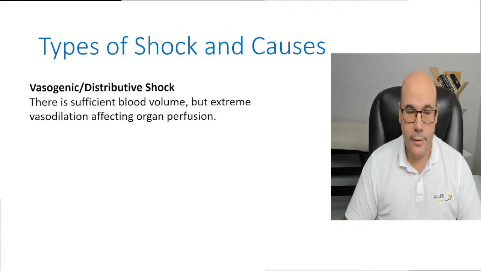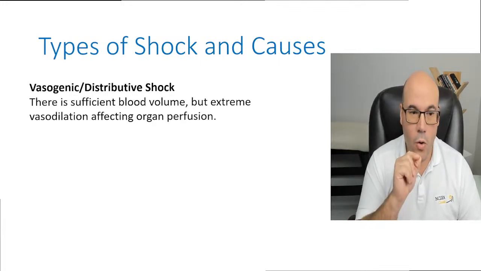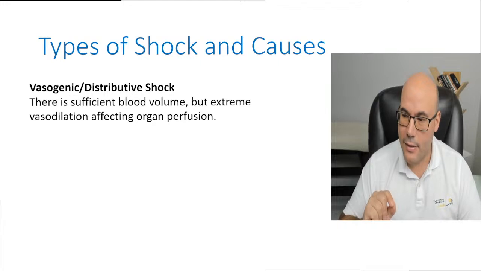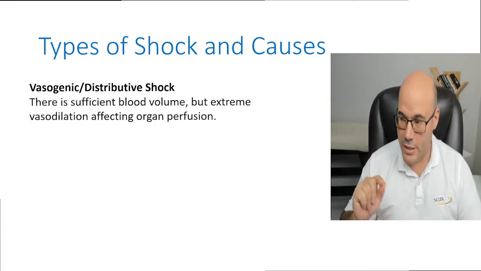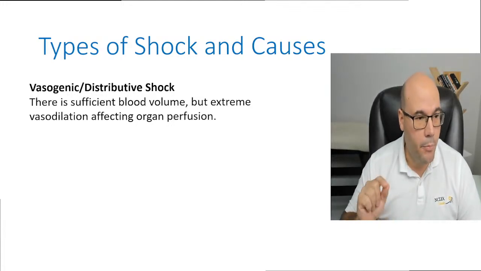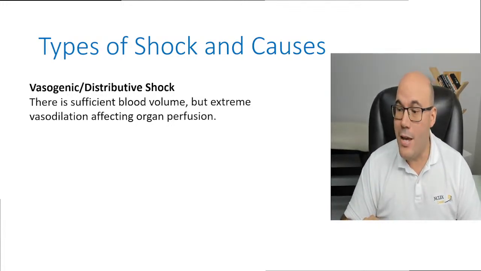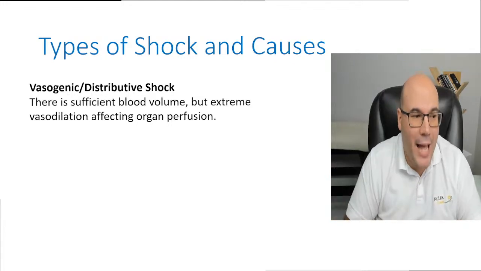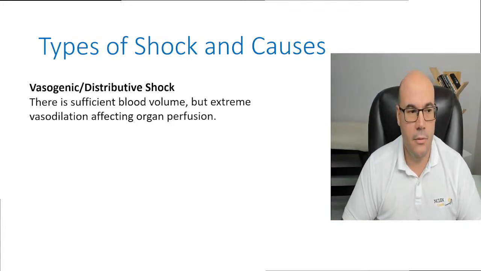Vasogenic or distributive shock. So notice this. In a vasogenic or distributive shock, there is sufficient blood volume, but there is an extreme vasodilation affecting organ perfusion.